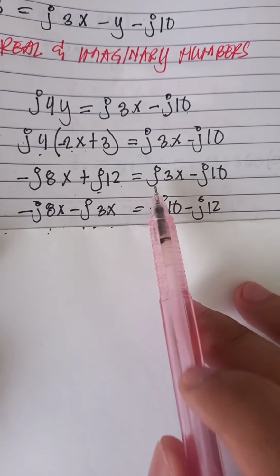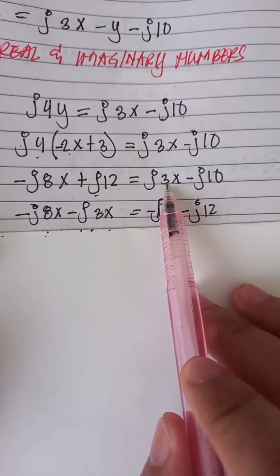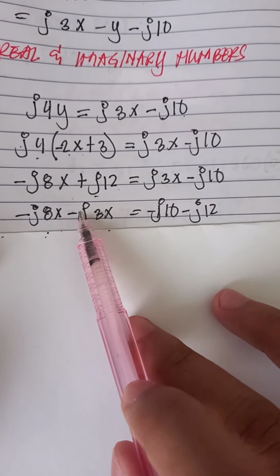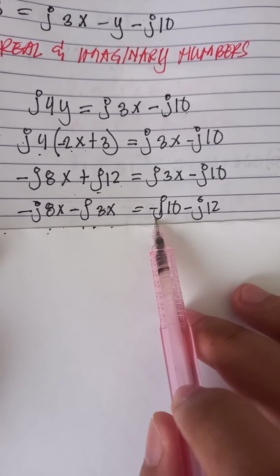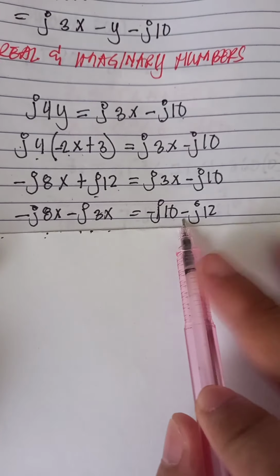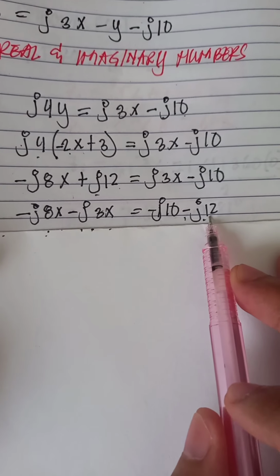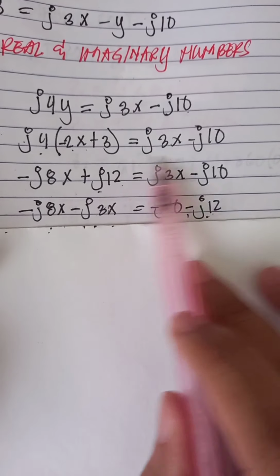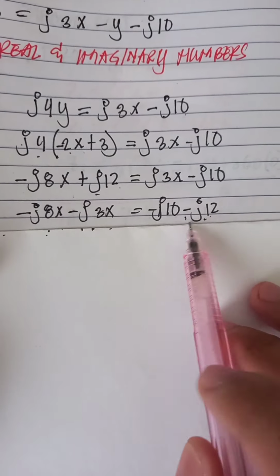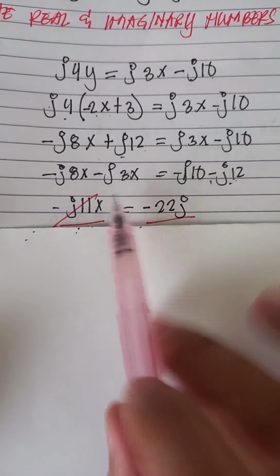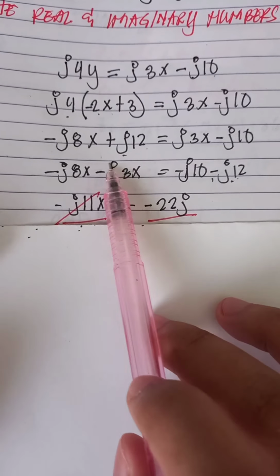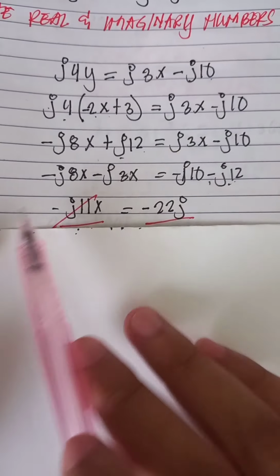Always take note that the j3x will become negative, and then negative j10 minus j12. The j12 is moved from the right, so it will become negative j12. So we have to simplify here and simplify this.